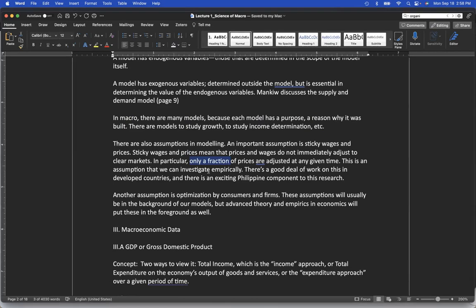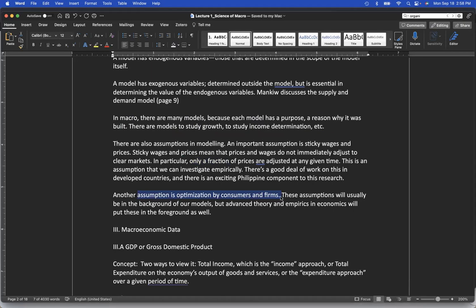Another assumption is optimization by consumers and firms. So at the background of our models here is that consumers maximize their utility and they have a demand curve that is a reflection of that. And then firms similarly will maximize profits and their supply curves are a function of that.